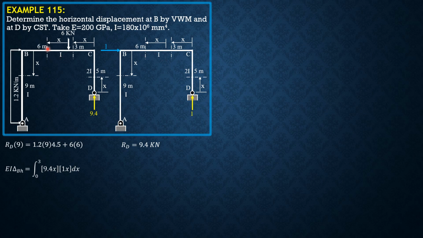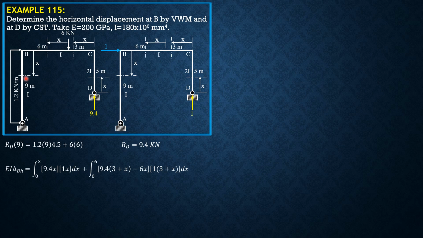Then next in this section, plus integral 0 to 6. The moment is positive 9.4 times quantity 3 plus x minus 6x, that's the big M. Small m is 1 times 3 plus x only. Then dx over 1.